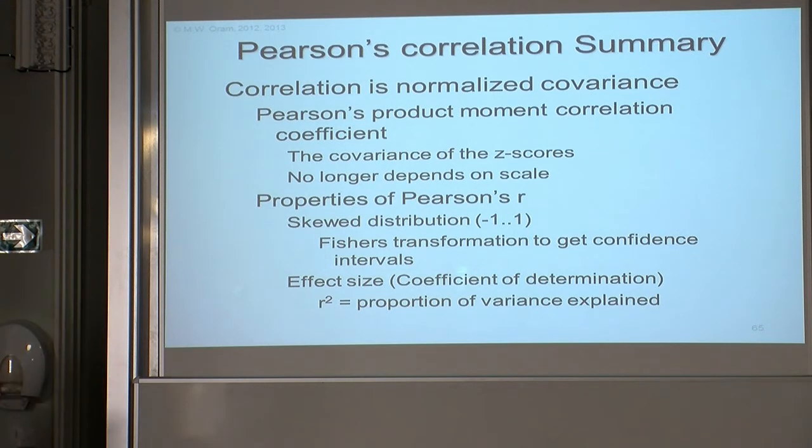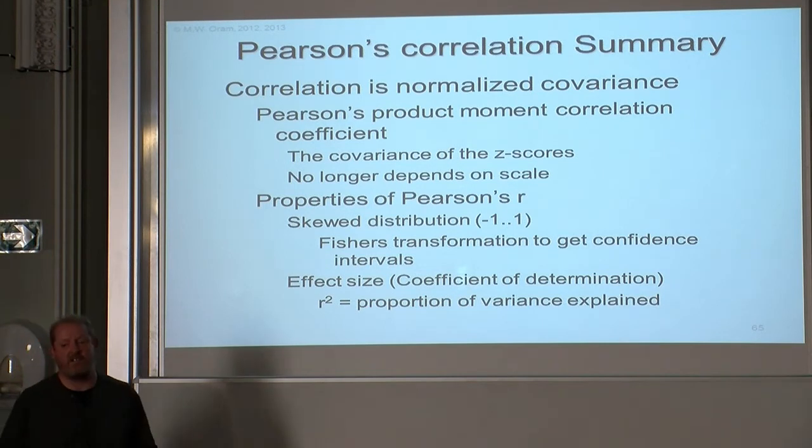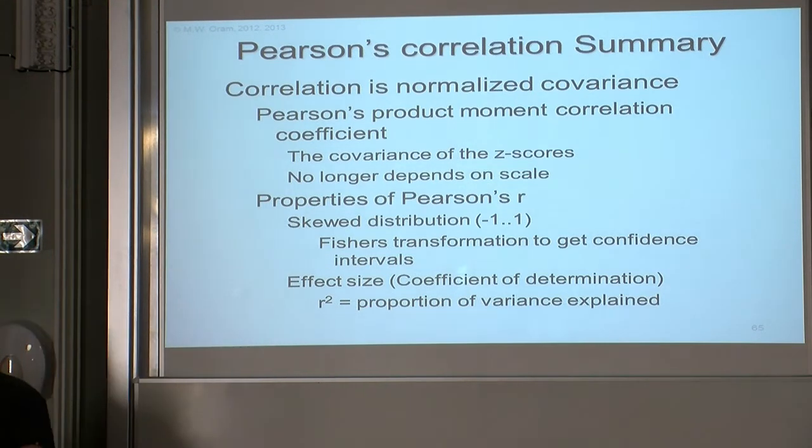So use Fisher's transformation to get the confidence interval and give the effect size. I know it's only squaring the R value, but it's a non-arbitrary value that has a meaningful interpretation: the proportion of variance in one variable that you can explain by knowing the other one. So how well you can predict the second variable from the first.